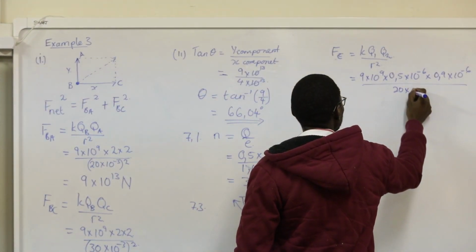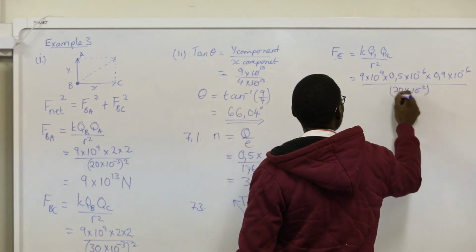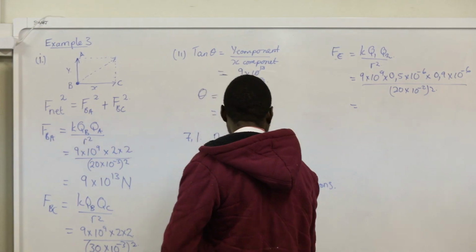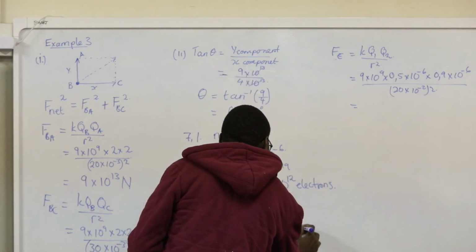So 20 times 10 to the power negative 2, all squared. All right? This is the force that's working in this direction.